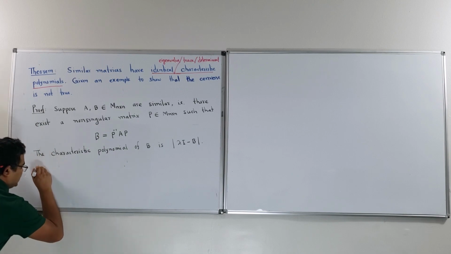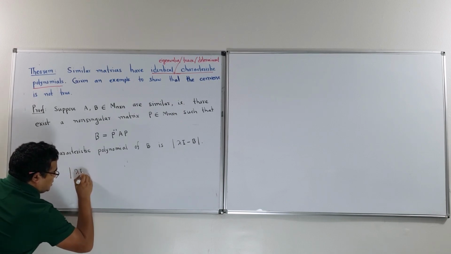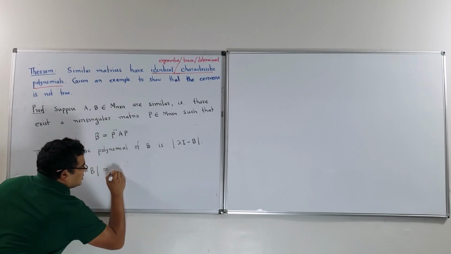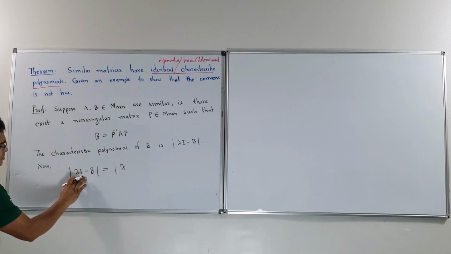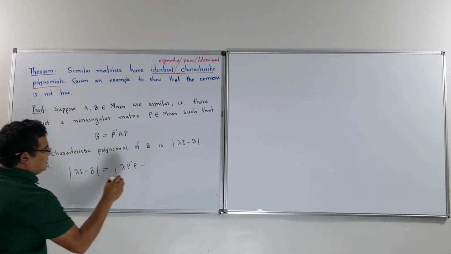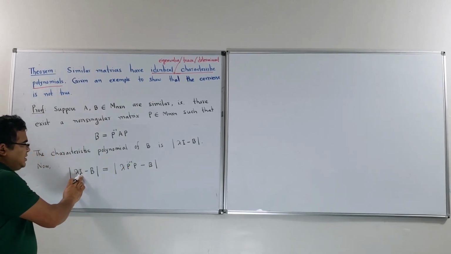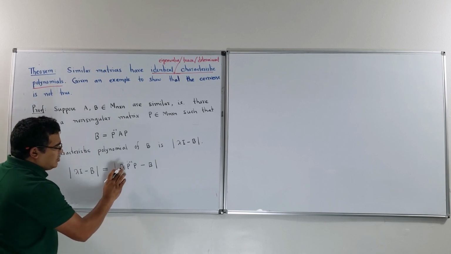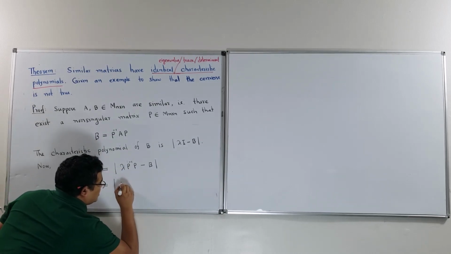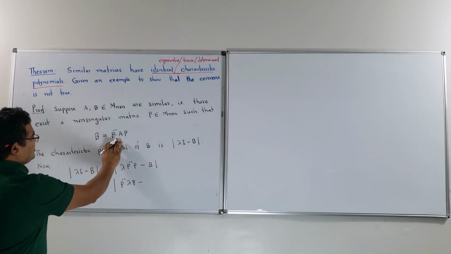Now what can we write? The determinant of lambda I minus B can be written as the determinant of lambda, instead of I we write P inverse P, minus B. P inverse P is the identity matrix I. Since lambda is a constant, we can change its position, so we can write P inverse lambda P, and B is P inverse AP.